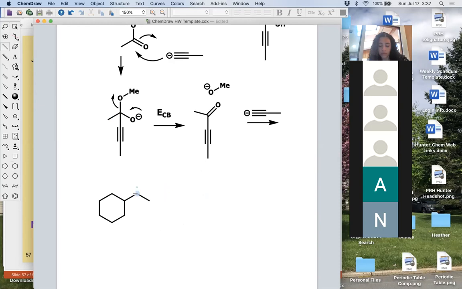You've got the ketone here, but you've brought in a new phenyl group. And so after you quench it, you'd have that alcohol, but what about over here?